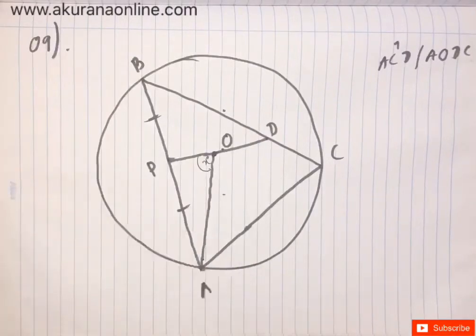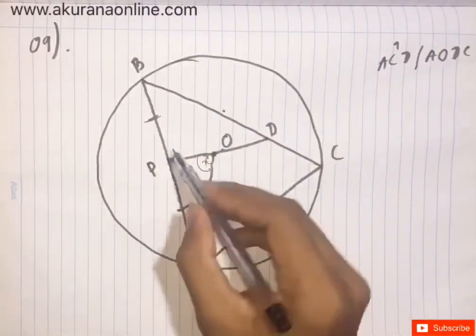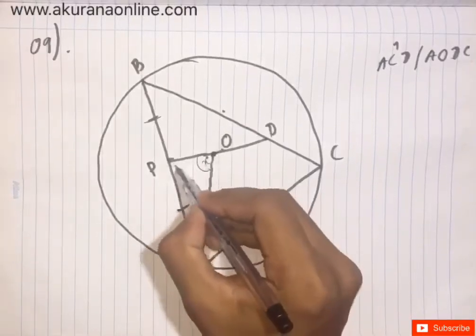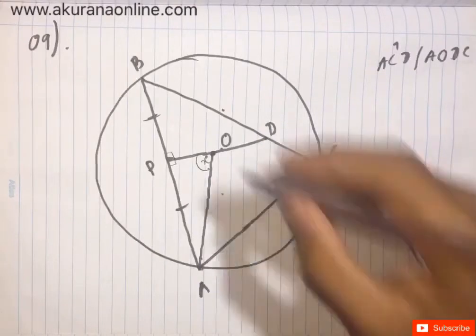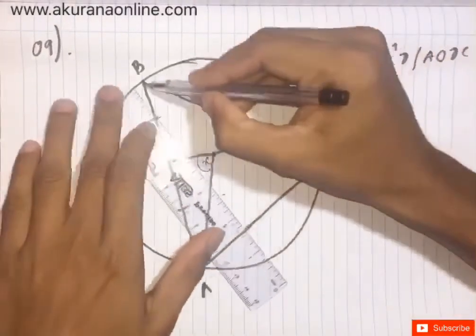Before that, we will find out how much ACD is. Okay, this is the way. Since this is a chord, if you join the midpoint with the center, you will have a perpendicular. Now let us join BO.